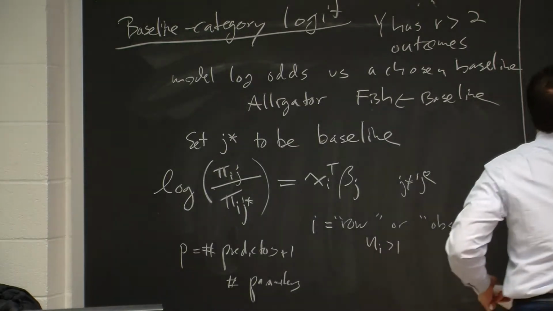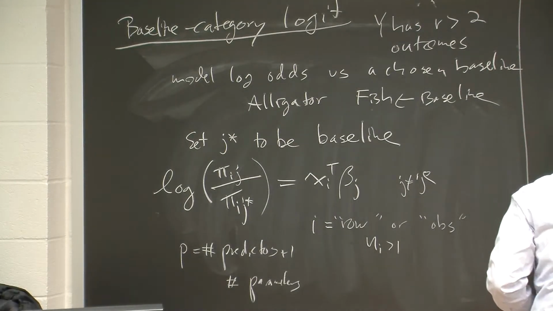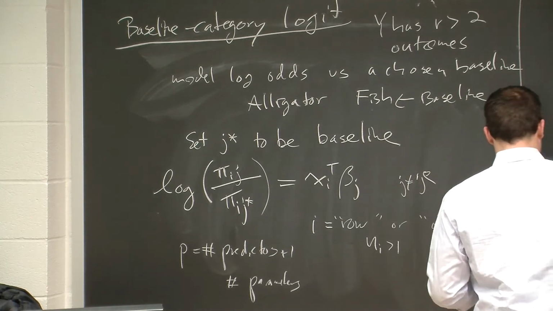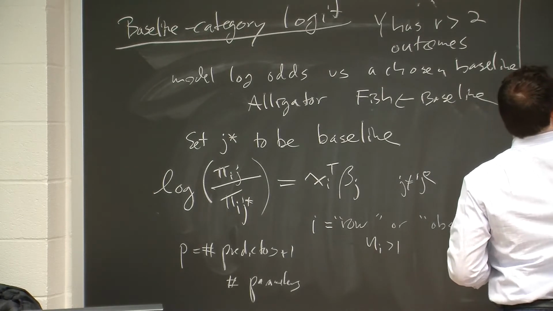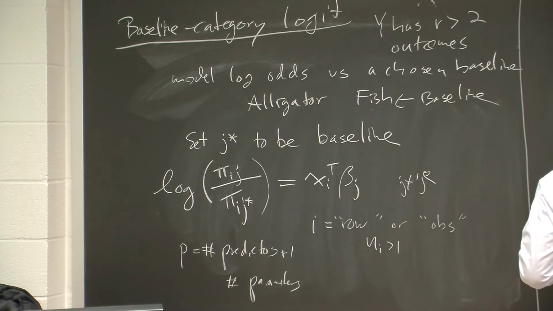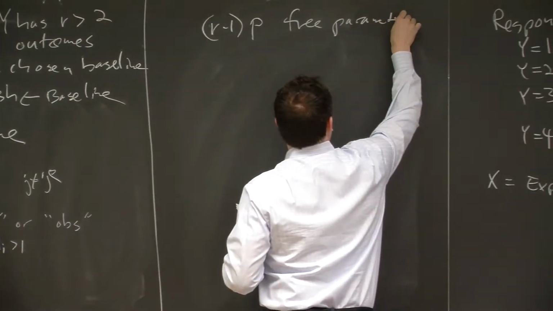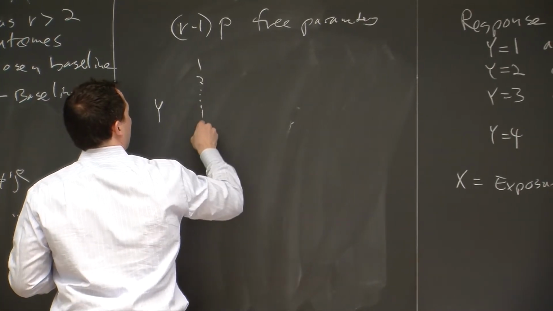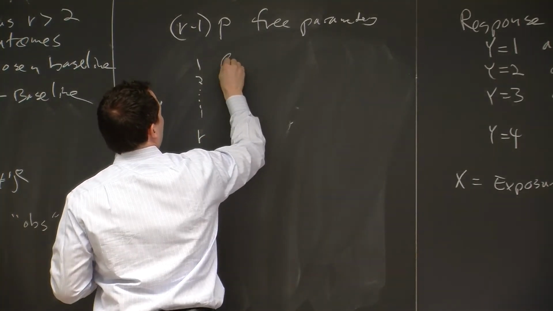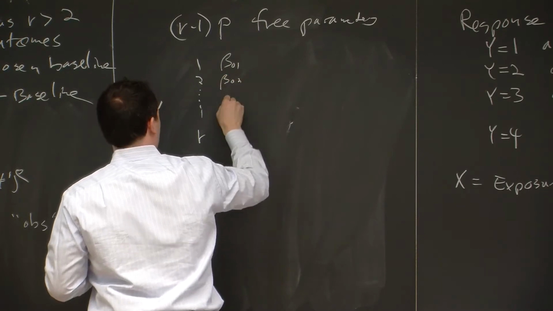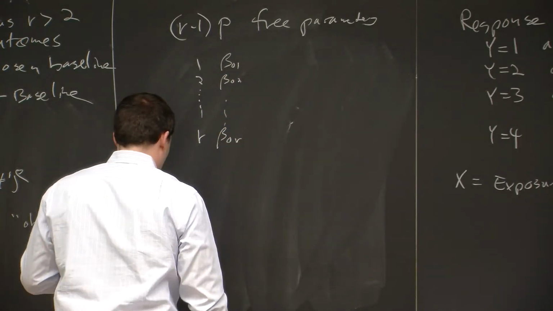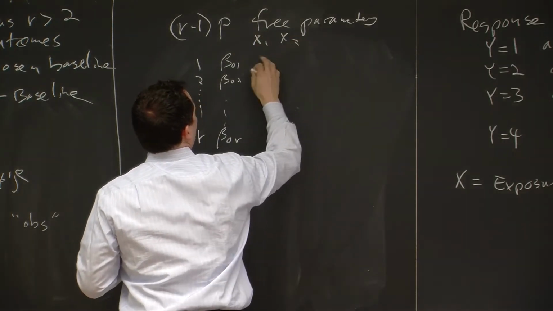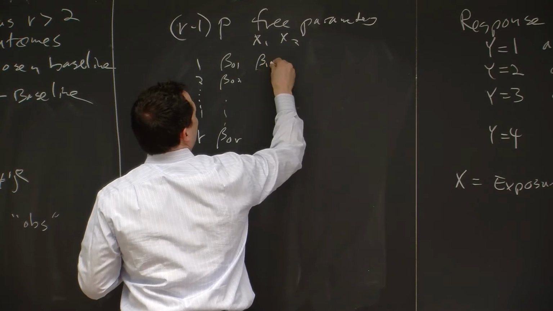And so this model has r minus 1 times p free parameters. That is, for each value of y, we get an intercept and we get a beta for each x.